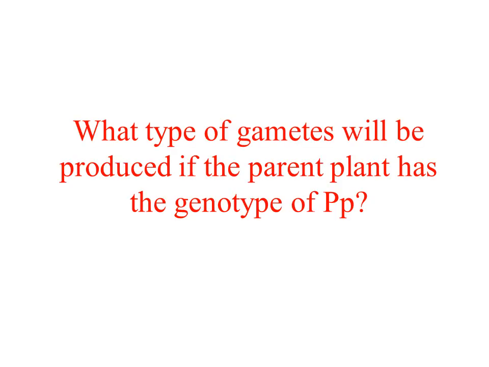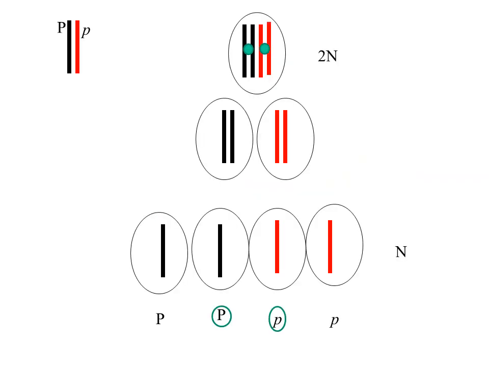Here's another question. What type of gametes will be produced if the parent plant has the genotype of big P, little p? Same concept. Draw this out through meiosis 1 and meiosis 2, and half of the daughter cells would have a big P in it, and half would have a little p in it.